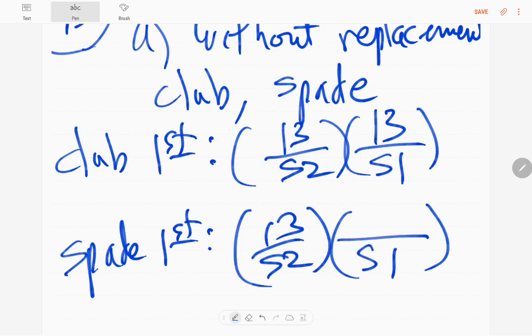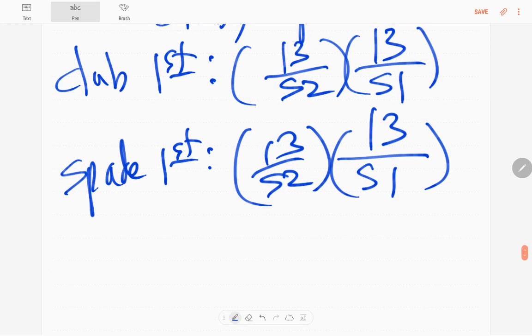But we're throwing that card in the trash once it's been chosen, but we still have 13 clubs left to choose from. So just add these 2 numbers together. And I get 13 divided by 102.